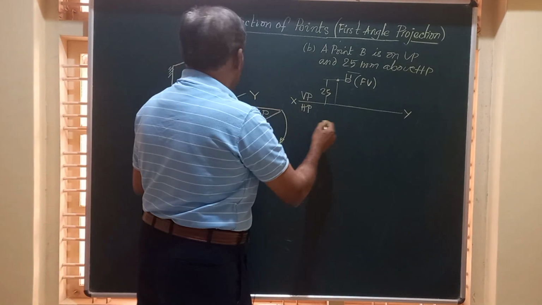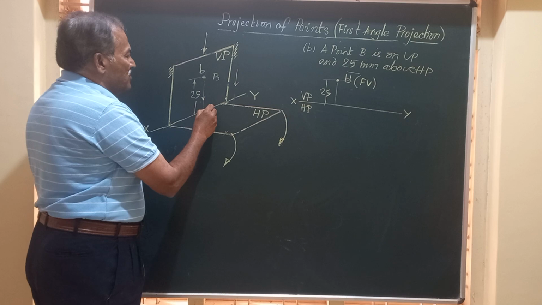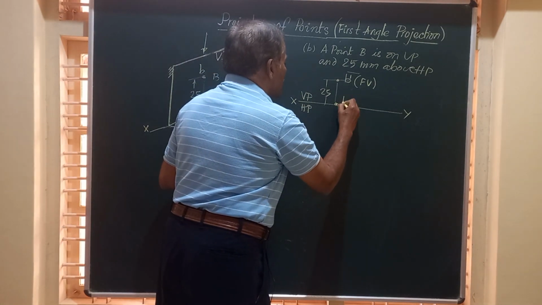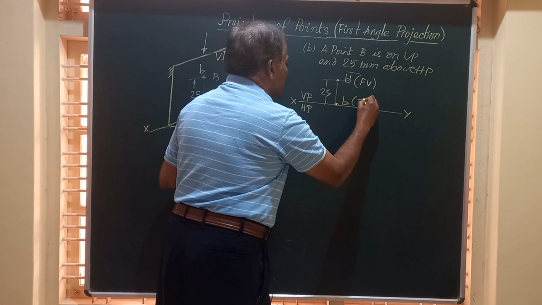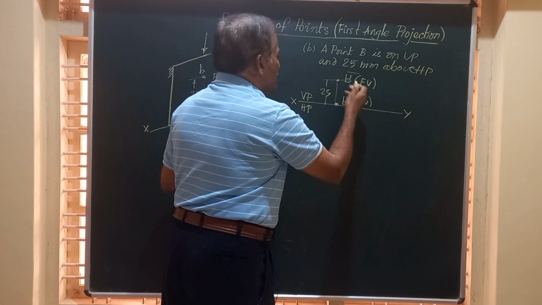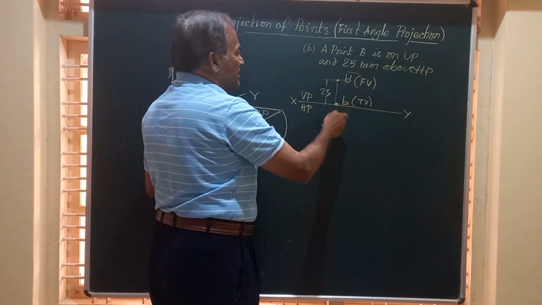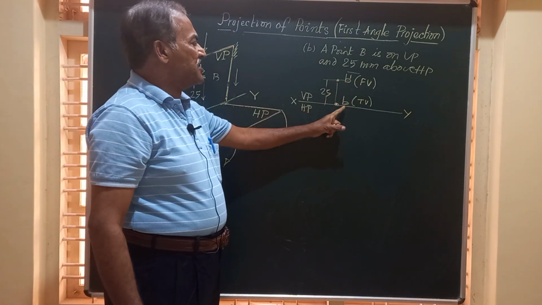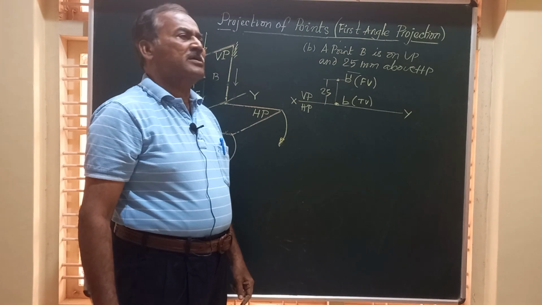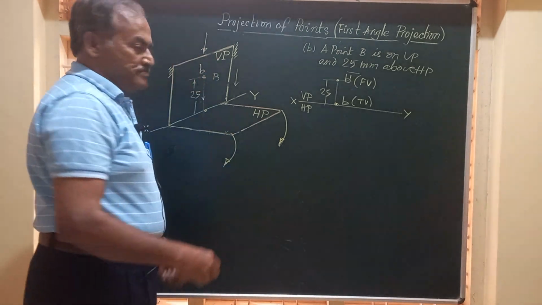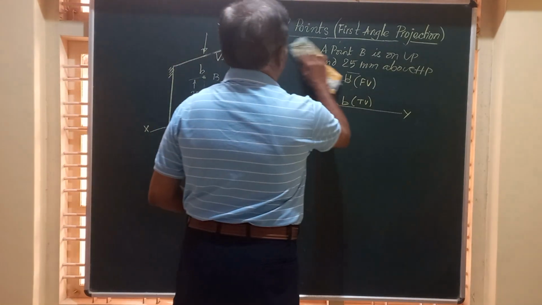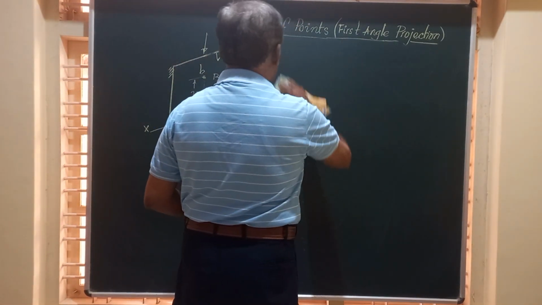Hence, after getting that shadow, we are going to mark that on XY, and this point is going to be B. B is the top view of the point which falls on line with this point B dash. The line connecting B dash and B is called a projector. So two cases we have studied, and let's move on to the third case.